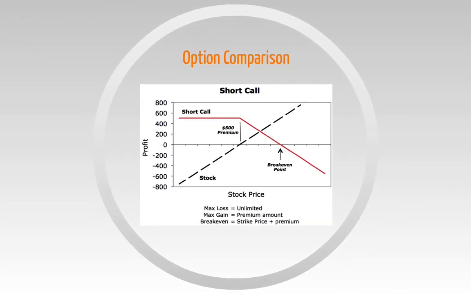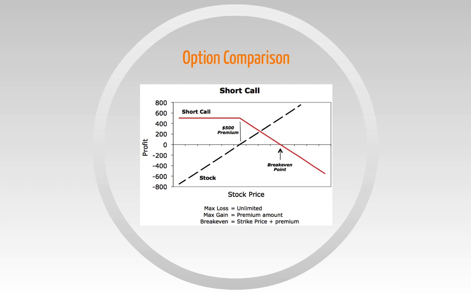The seller of the call is short the call, and they have a very different kind of scenario. This is the exact same position from the seller of the call's point of view, and they've made their $500 premium that we see on the left. As long as the stock stays flat or goes down, they've made that profit, and that's the maximum gain that they can have.